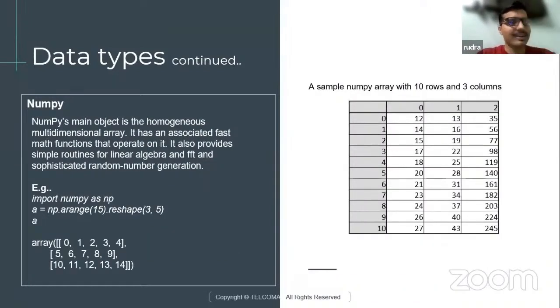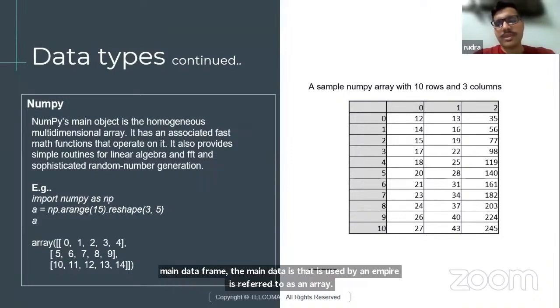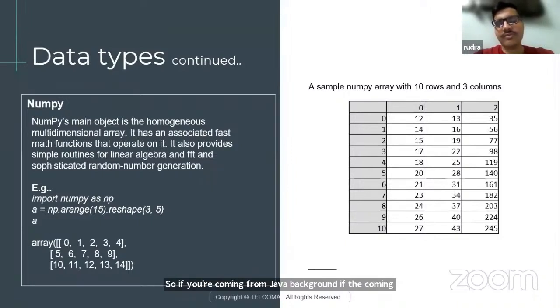NumPy is just another library like pandas, and the main data structure used by NumPy is referred to as an array. If you're coming from a Java background, a JavaScript background, or C, you might know what an array is. An array is another data structure that stores values in the form of a structured index.